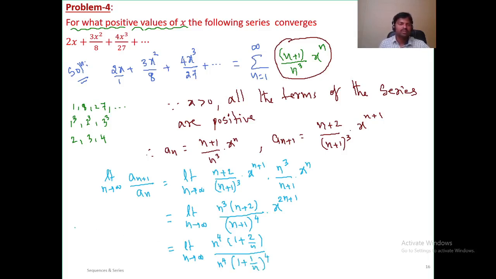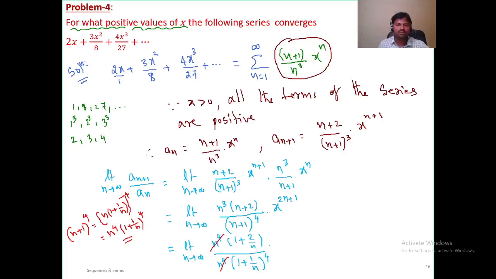Most of the students are asking, sir, how is n power 4 coming out? So it is n plus 1 power 4, right? Then take n common from inside the bracket. If you take n out, what will we get? 1 plus 1 by n, but the power 4 is there. Then since power 4, n to the power of 4 is out, 1 plus 1 by n power 4. Apply that power 4 to both n and n plus 1. That's why n power 4 is out, 1 plus 1 by n to the power of 4. Now these two will be out.